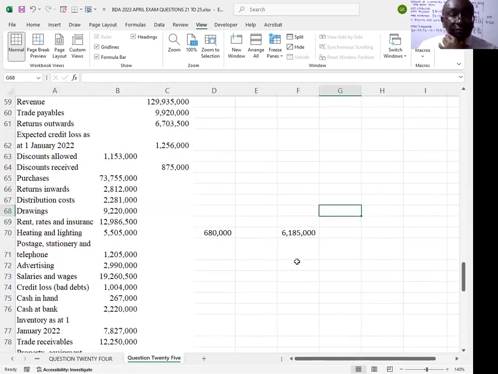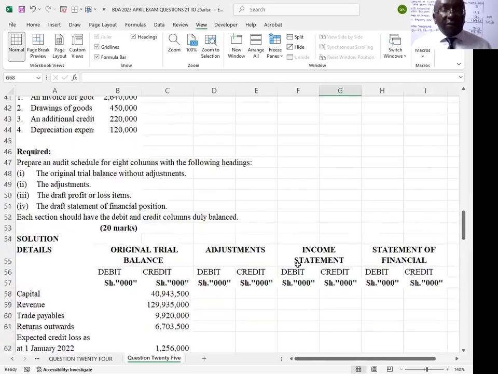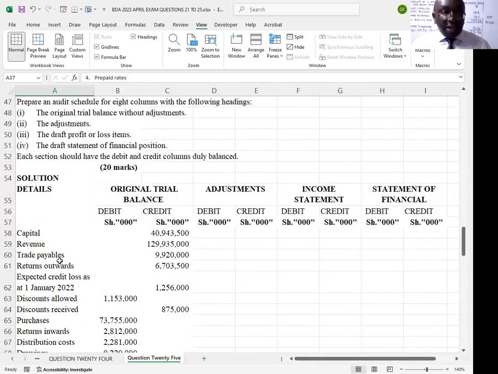Okay. We are good there. Let's go for the next one. The next one is prepaid rates. So prepaid rates will just be treated like we did with this insurance prepaid. And you can see they are together here.